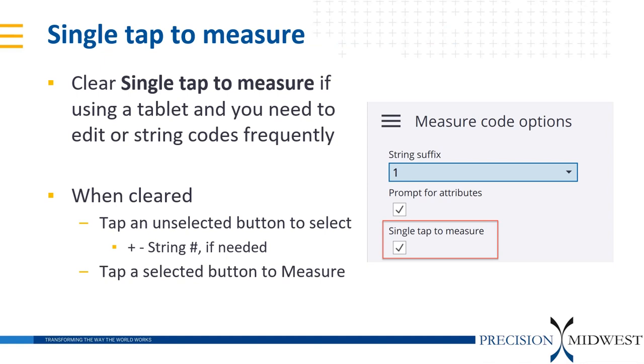So under the code option, single tap for measurement, if you're using a TFC7, I believe you want it to be toggled on. Anything else, you want it to be toggled off. So then you could just go to that box and select it and have the measure code. We'll get more of a video on that one later on when this actually gets released.